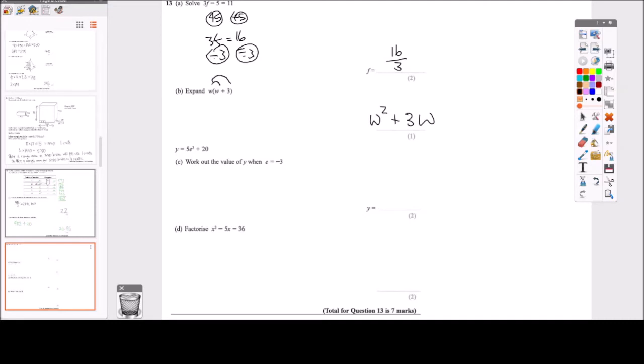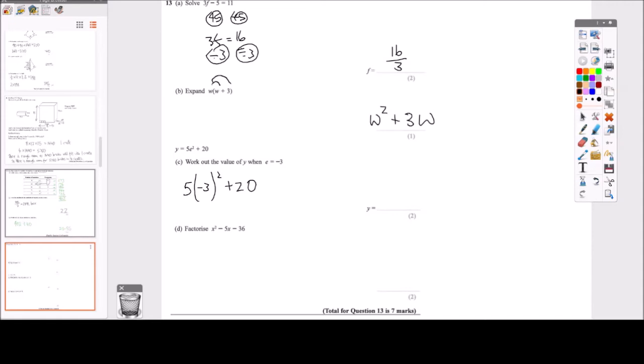Now work out the value of y when e is minus 3. What I suggest you do is set it out using brackets. Set it out like that and simply put that into your calculator, because this will protect the minus. You've got to be ever so careful when you're squaring a -3. -3 squared is 9.